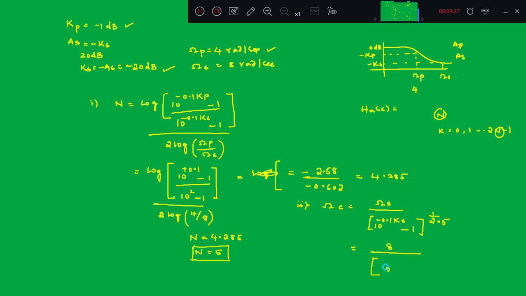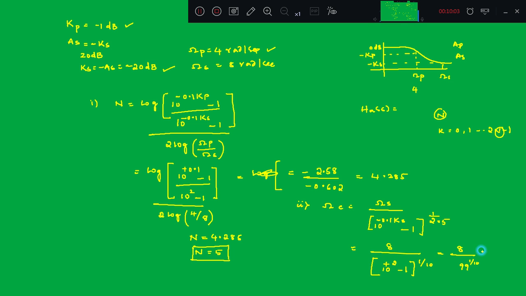Next 10 raised to minus 0.1 times ks, where ks is minus 20, so you will get 10 raised to 2 minus 1 into 1 divided by 10, right? And if you simplify this one, you will get 8 divided by, so 100 minus 1 is 99 raised to 1 divided by 10.